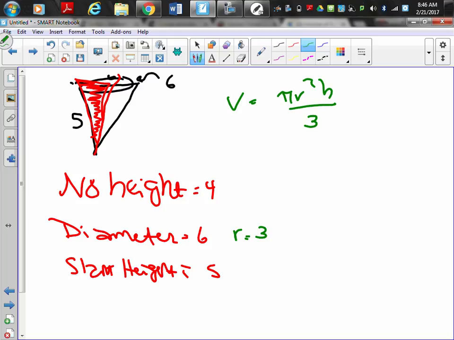We gotta have an R in there. So pi times 3 squared times, what was my height? 4. Good. Divided by 3.